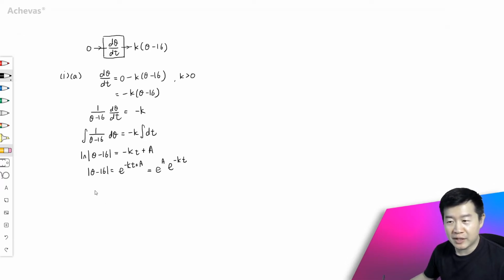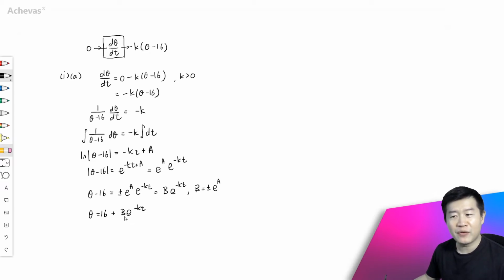Removing the modulus from the left hand side, theta minus 16 will be plus or minus e to the power of a, e to the power of minus kt. Let's just rewrite this as b, e to the power of minus kt, which means that b is a representation of plus minus e to the power of a, which means that theta is going to be equal to 16 plus b e to the power of minus kt.